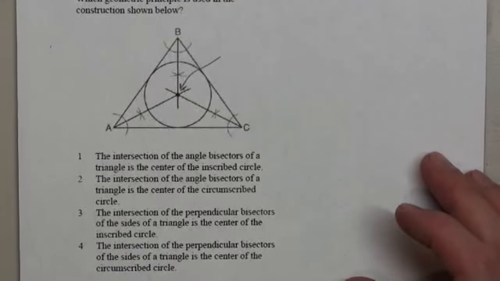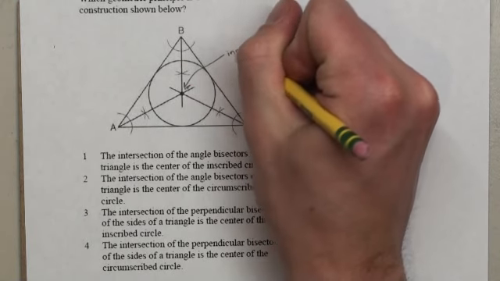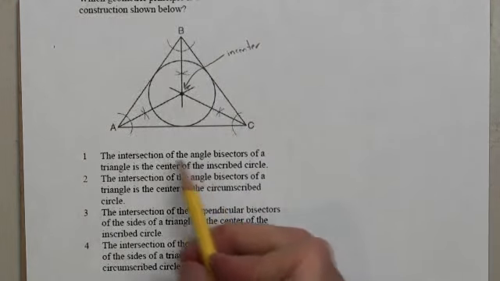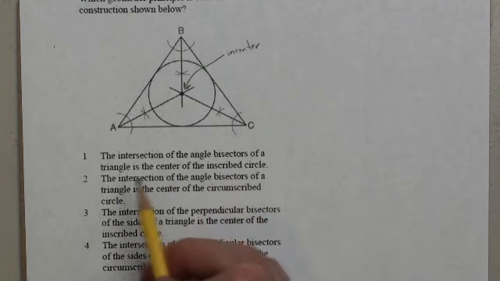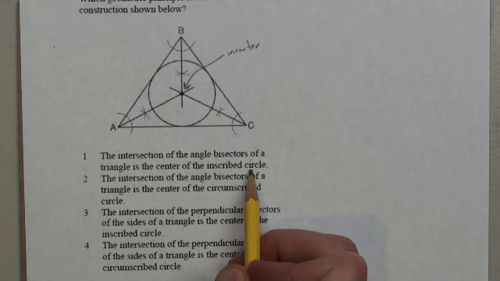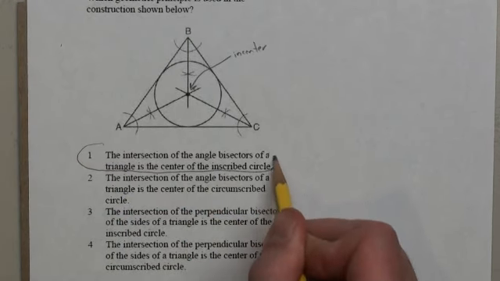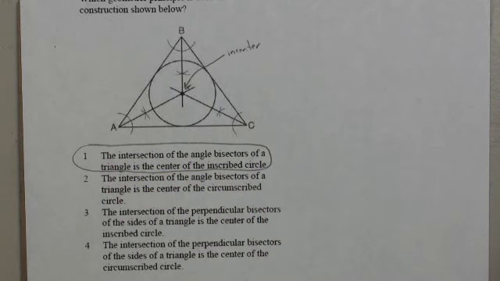So it's called the incenter. So the intersection of the angle bisectors of a triangle is the center of the inscribed circle. That's it. Okay?